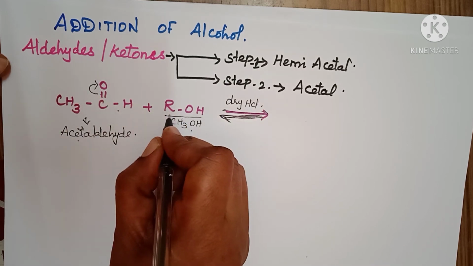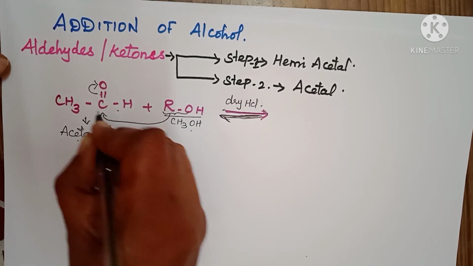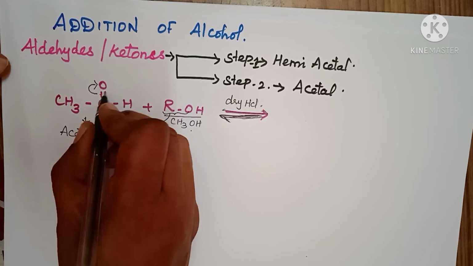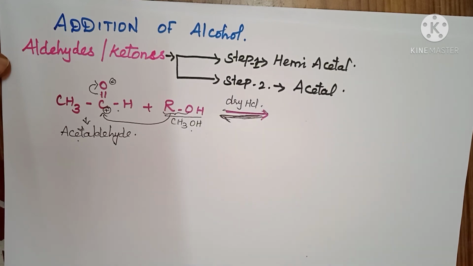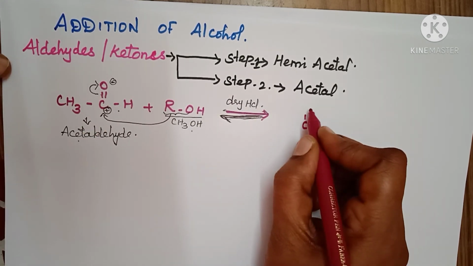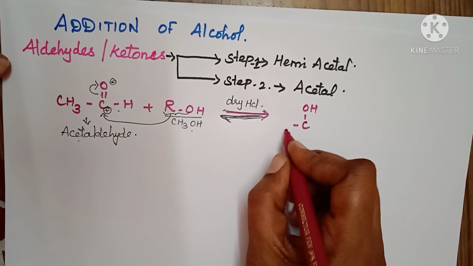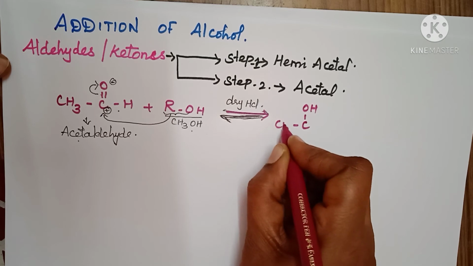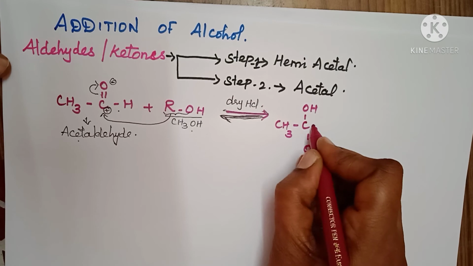So this RO is going to be attracted by the carbon, here minus and here plus. So what is the product? It is carbon, here OH, here CH3, and this side OR and this side H.